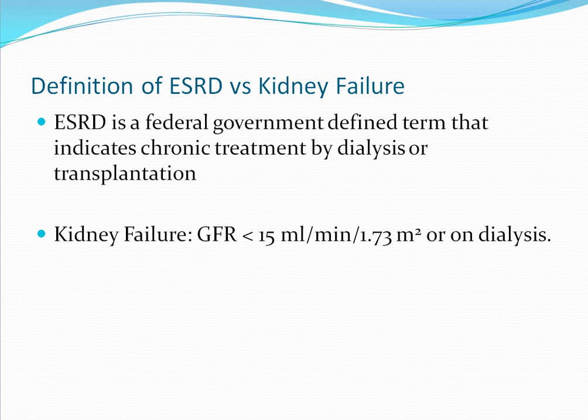Whenever you use the term end-stage renal disease, you mean to say that the patient is on renal replacement therapy, which is either dialysis or transplantation. When somebody has a creatinine clearance of less than 15, these are the people who would, under normal circumstances, qualify for renal replacement therapy. But if they refuse it, those are the patients you call as being in end-stage renal failure.